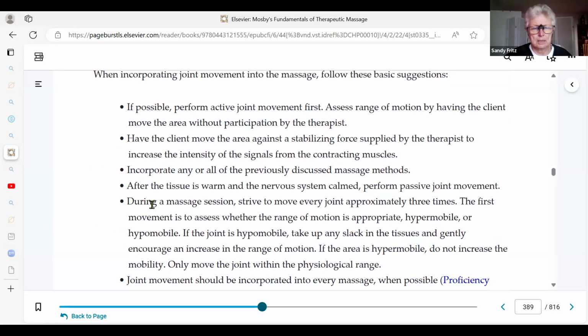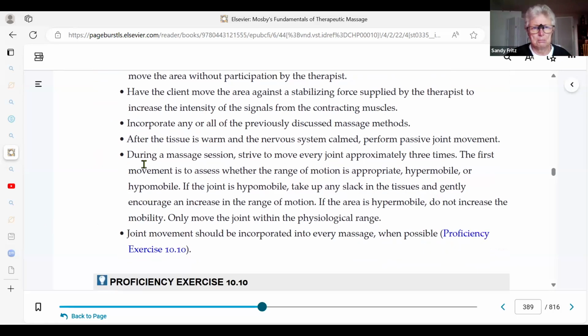And then that's also a strategy if the client is very choppy with their movements or won't let go, that maybe they need to push against something that might help them let those tissues relax a little bit better.